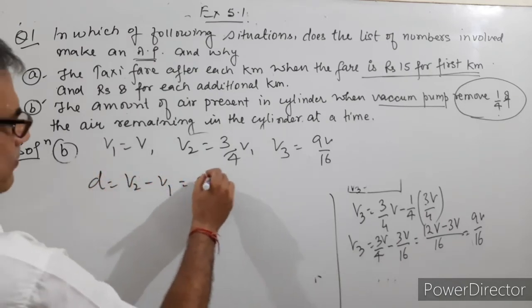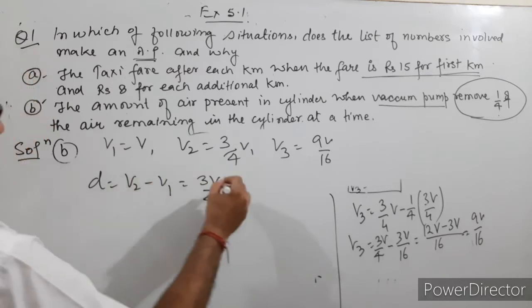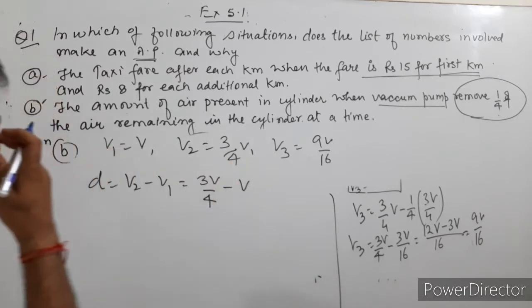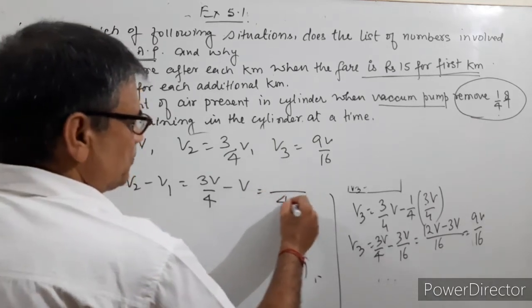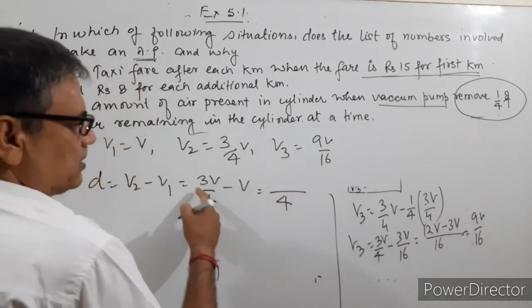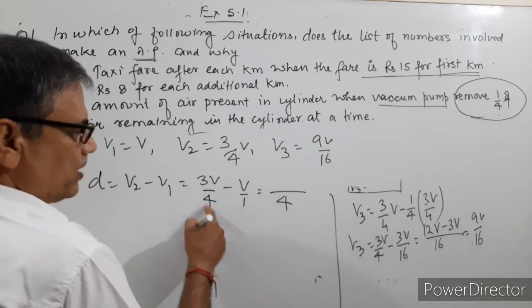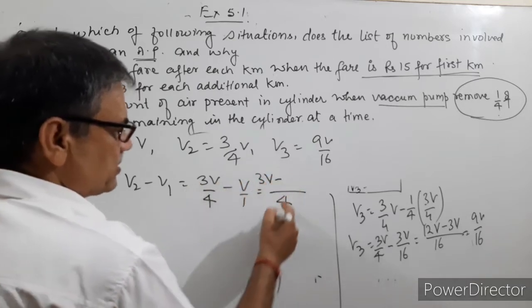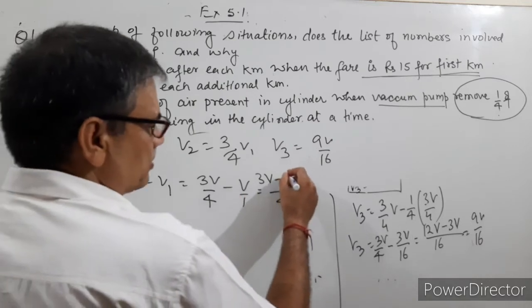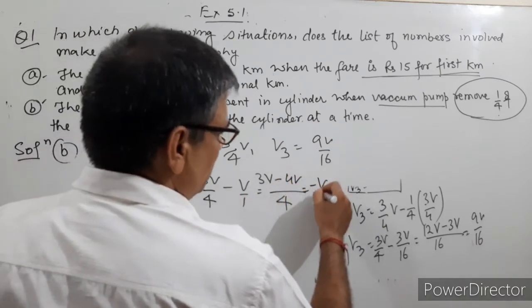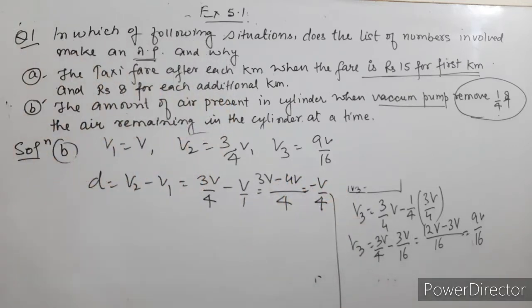What is V2? 3V upon 4 minus V1, V. And what is your answer? Here LCM is 4. 1 multiply 3, 3V minus 4 multiply V, this is 4V. Answer is minus V upon 4.